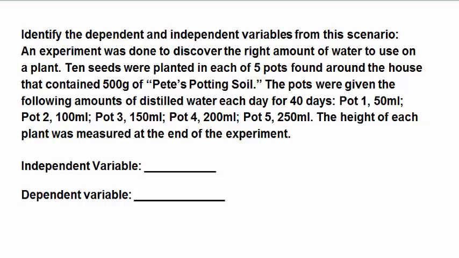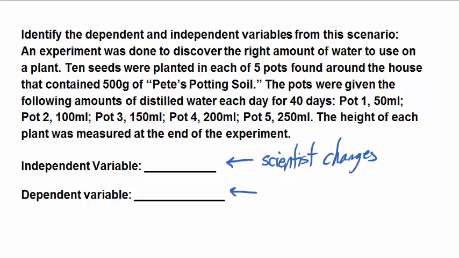So you're supposed to have learned in the observation experiment lab what an independent variable is and a dependent variable. If you look this up, it will say an independent variable is what the scientist changes.